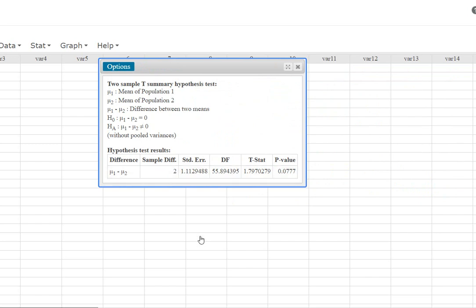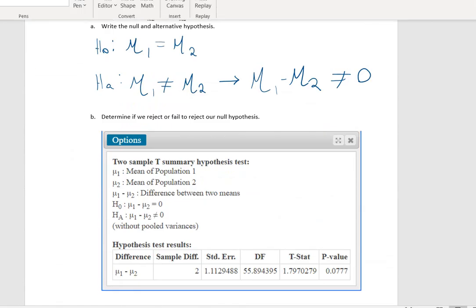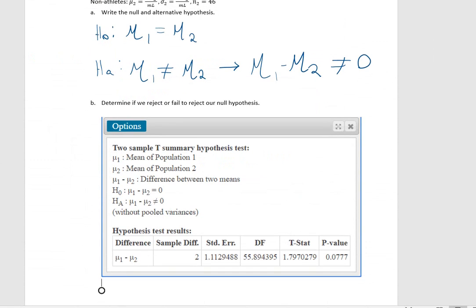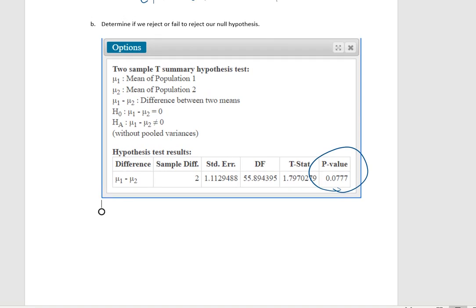Okay, and we get a p-value of 0.077. Again, all we're really interested in is what the p-value is. So, let's go ahead and set our alpha value to the standard 0.05. Now, the thing is that our alpha is less than our p-value this time.